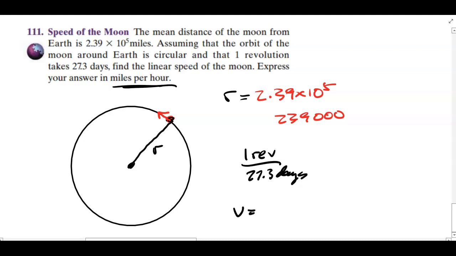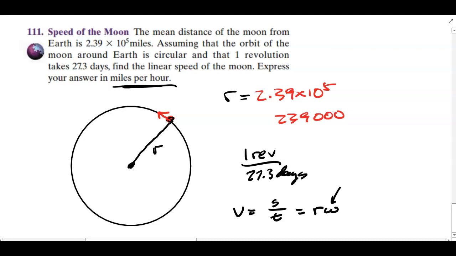So the linear speed is going to be v. Linear speed, linear velocity. Its velocity is s divided by t, but it's also r times w, sorry. Okay, so it would be helpful if we got w.